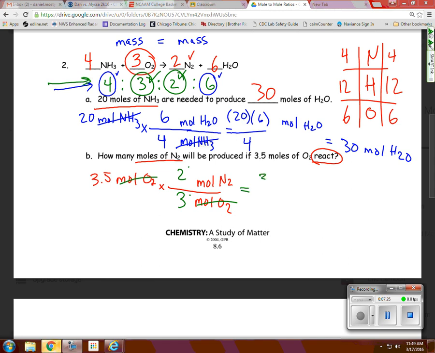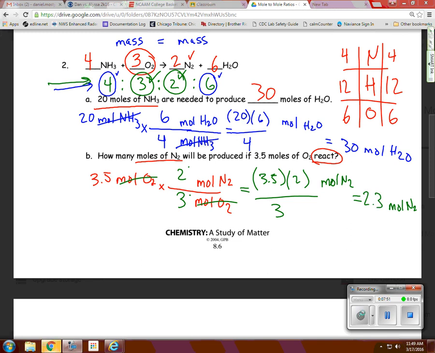And we'll end up with 3.5 times 2 moles of N2 all over 3. If we multiply that all out in our calculator, 2 times 3.5 divided by 3, we end up with 2.3 moles of N2.